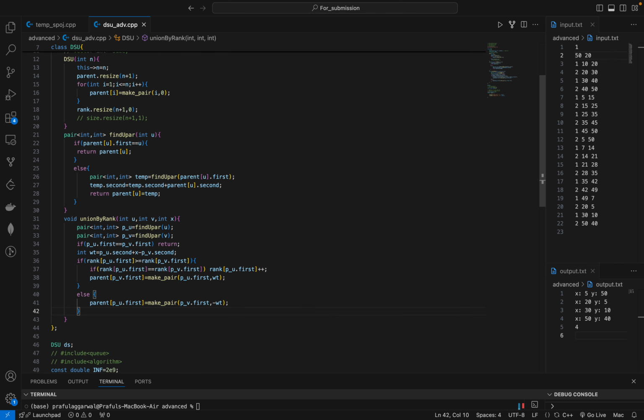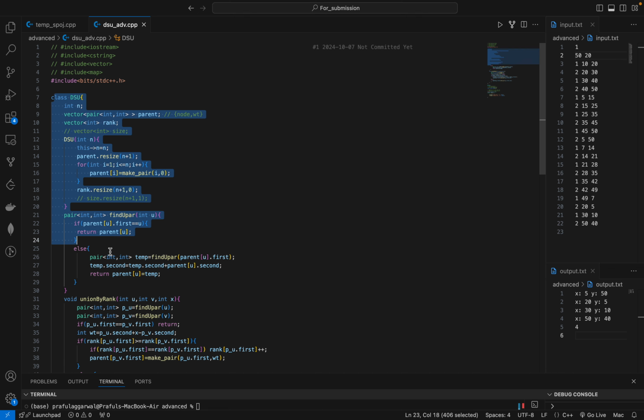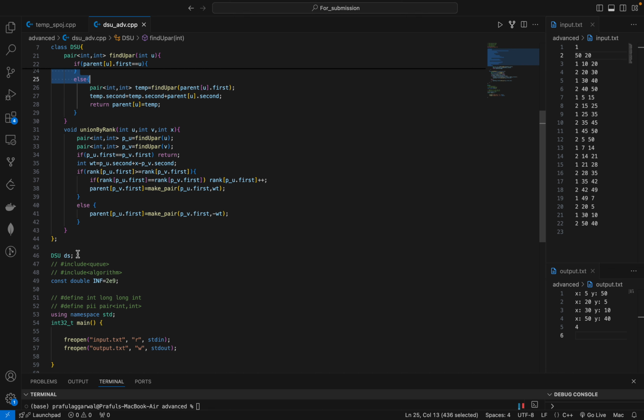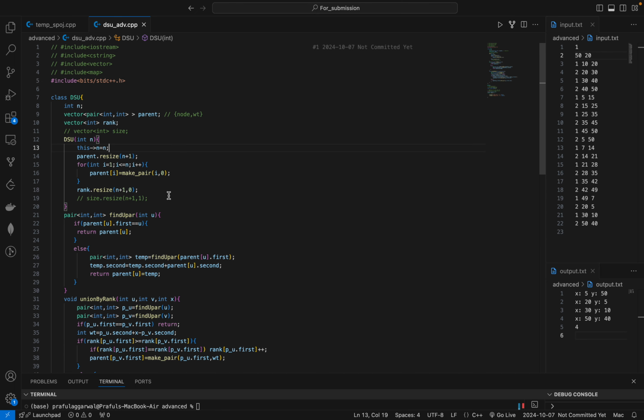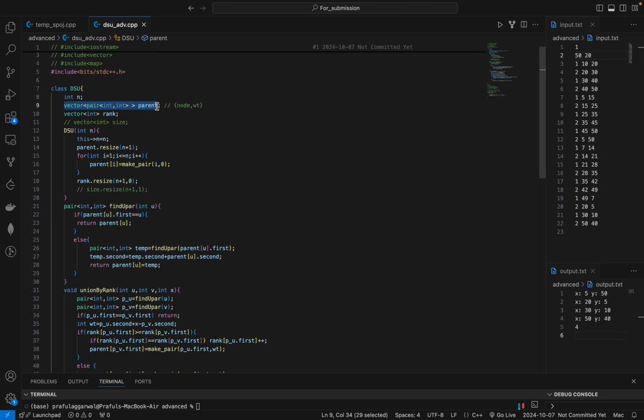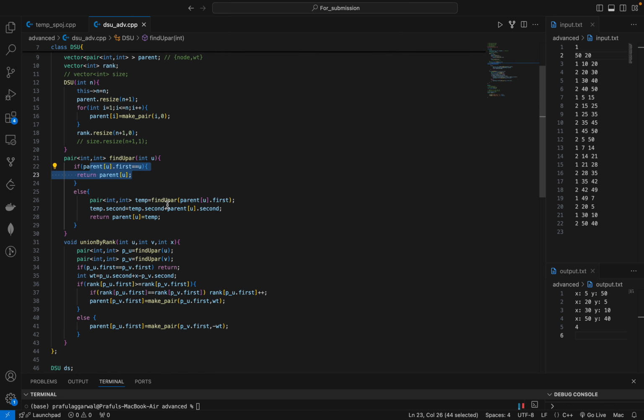So this is the final change we need to make to our DSU structure to use it for a weighted case. I don't think there are too many changes. We just change this type, and while assigning the parent we do this anyway. The only extra thing we did was this line.